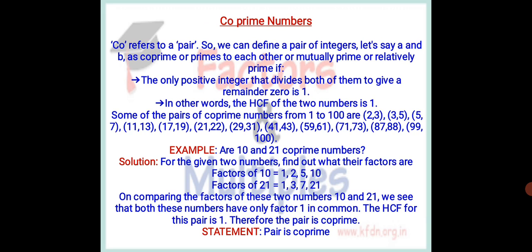So we can define a pair of integers, let's say A and B, as co-prime, or prime to each other, or mutually prime, or relatively prime, if the only positive integer that divides both of them to give a remainder 0 is 1.